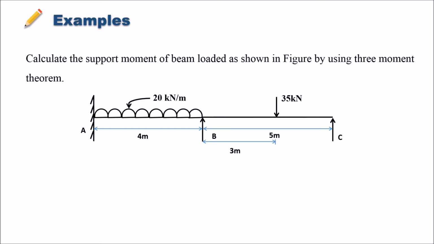Span BC is 5 meter and the 35 kN load acts 3 meter from the B end. In span ABC, A is fixed, B is the intermediate support and C is the end simple support.